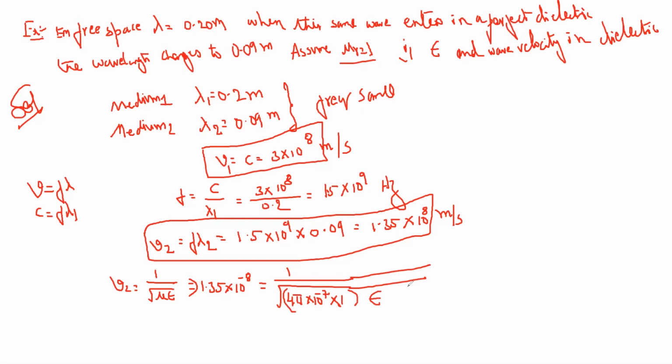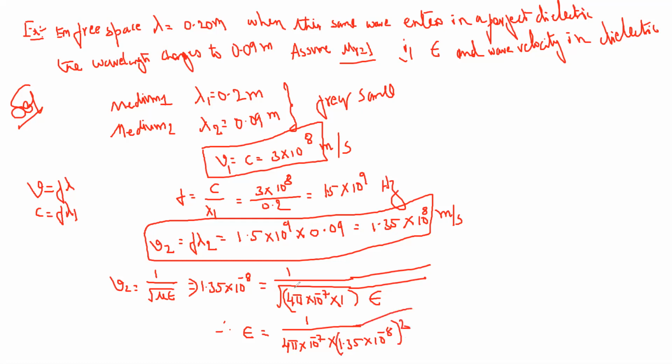Therefore, squaring on both sides, the epsilon is equal to 1 by 4 pi into 10 to the power of minus 7 multiplied with 1.35 into 10 to the power of 8, whole square.